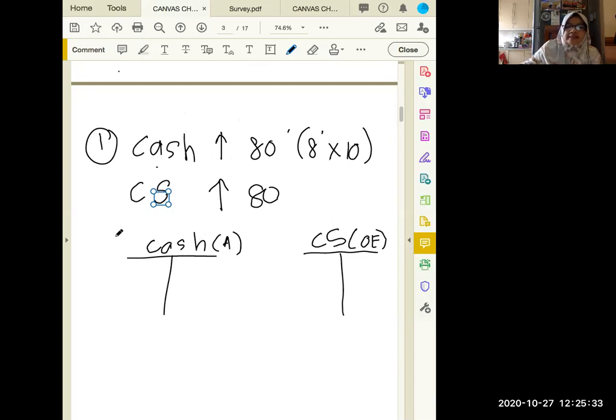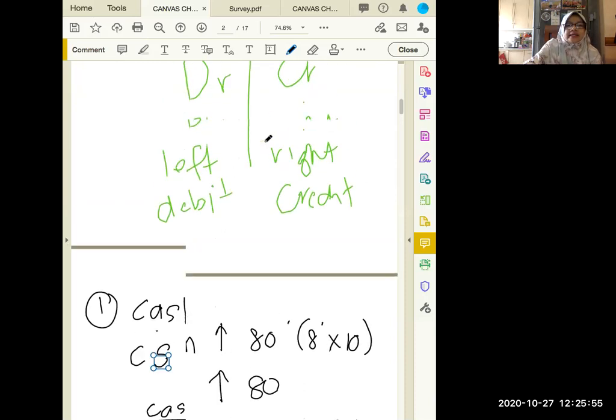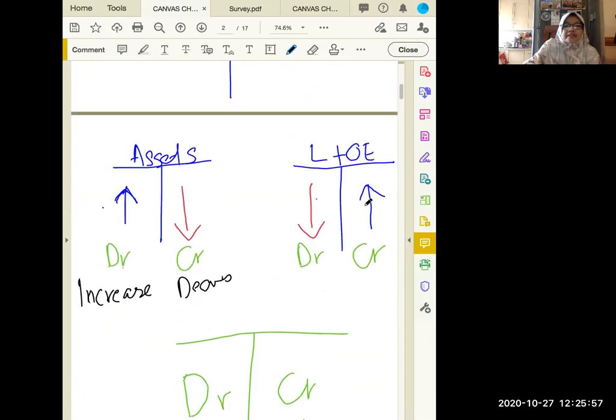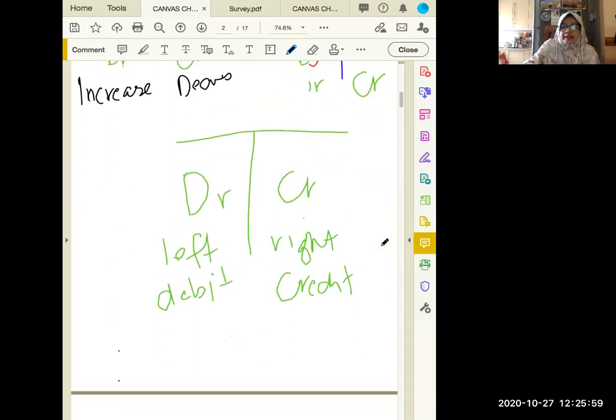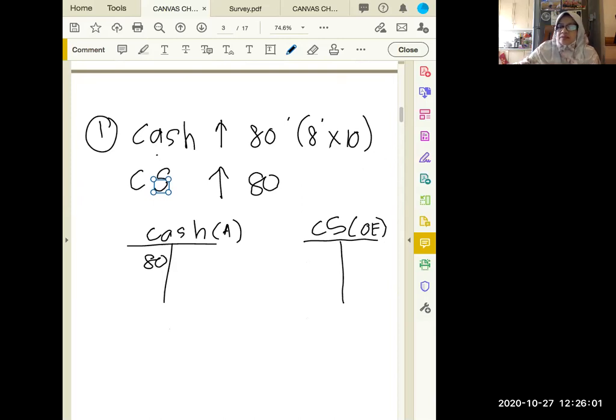When an asset increases, you put 80,000 here as a debit, right? And credit capital stock. Why do you want to credit? Because this one is owner's equity. Whenever there's an increase in owner's equity, remember just now I said, you're going to credit the account. So you're going to credit 80,000 here.